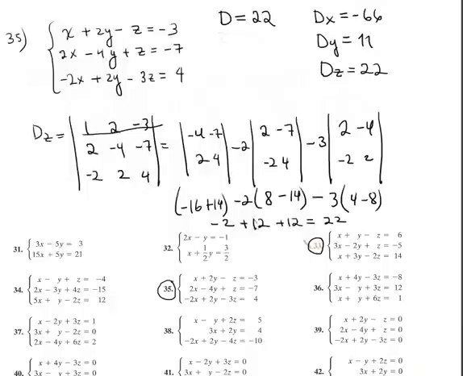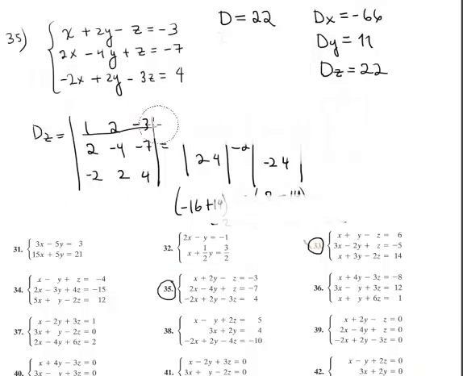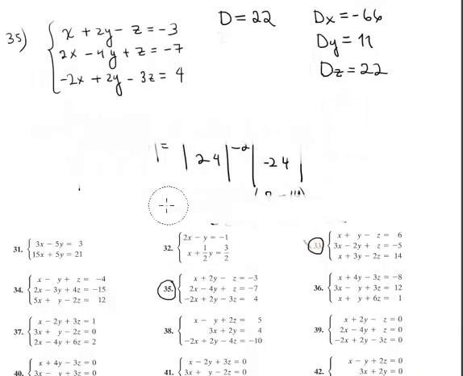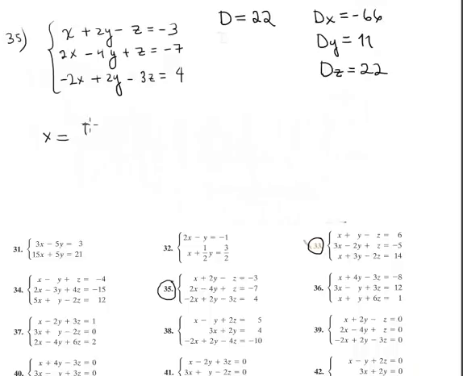Okay, ready to finish the problem. Cramer's rule says x is equal to dx over d. Dx is minus 66 over 22, which is negative 3.